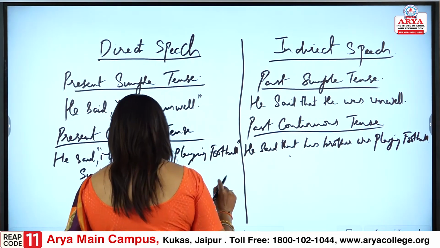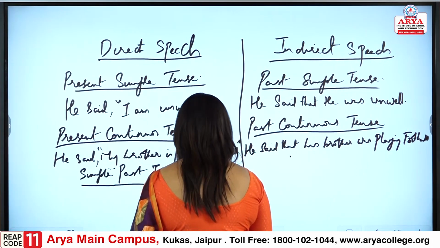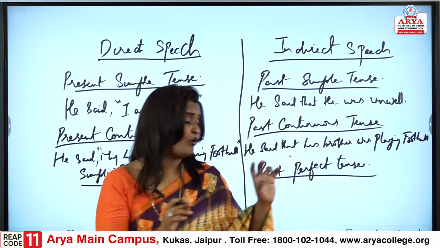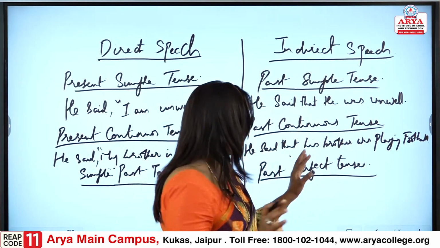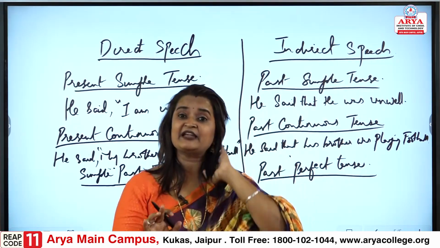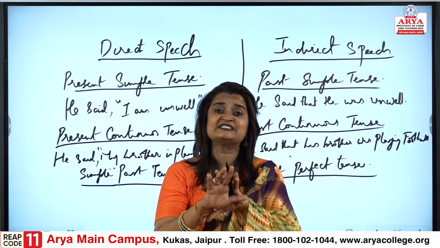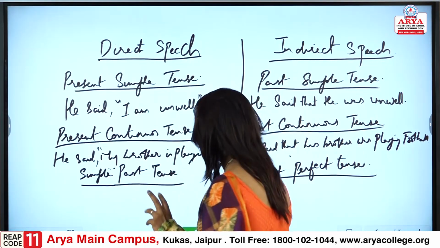Simple past tense to past perfect tense. Both are in the past, but we would have simple past to past perfect. Past perfect is again a task in the past which is done, a perfectly completed task. So, how would we do it?